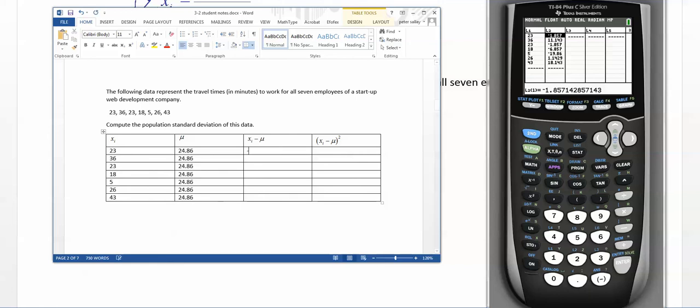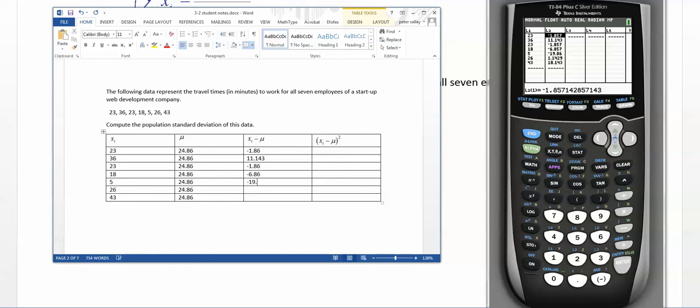So we have negative 1.86, 11.143, negative 1.86, negative 6.86. Wow, that's an interesting 86 pattern here.